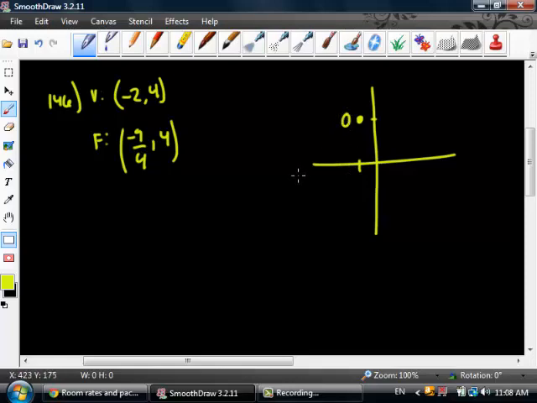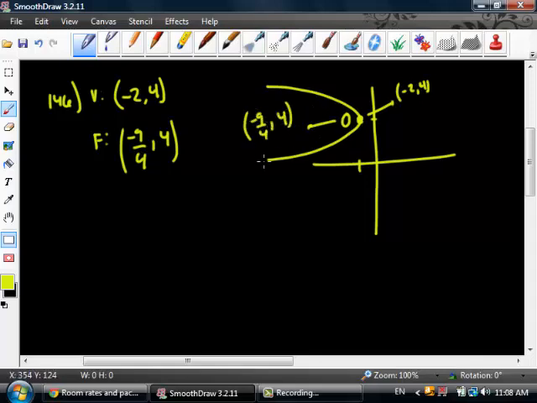What's the only way that this parabola can be opened? Lauren? Uh-oh. To the left. All right. So now I'm going to go ahead and go, this is -2, 4, and this is, it kind of looks like a fish right there, -9/4, 4.